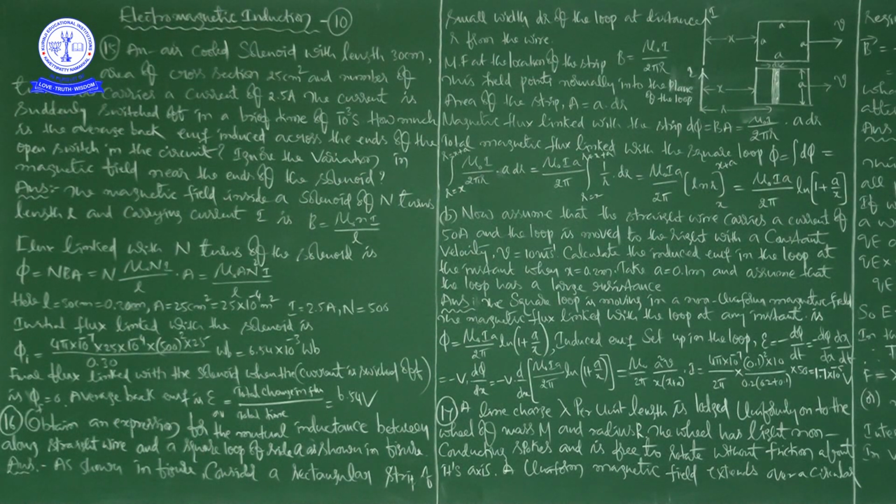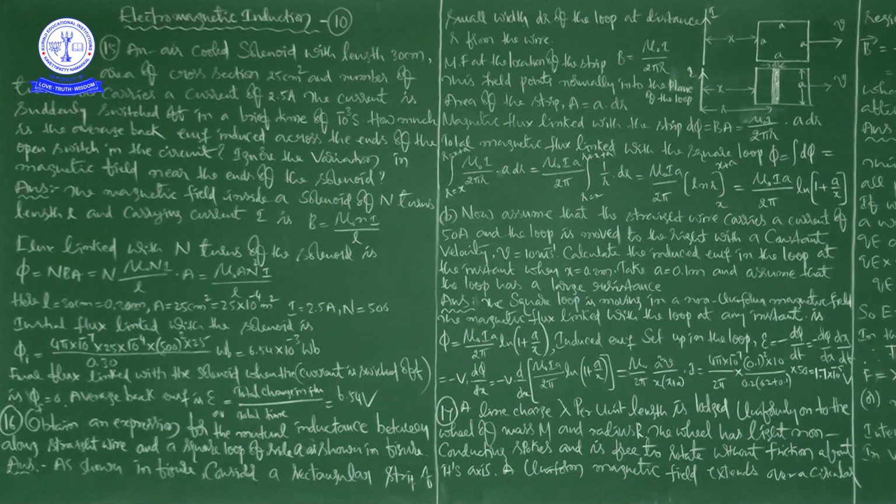So they also given one picture. Now a uniform magnetic field extends over a circular region within the rim, right?